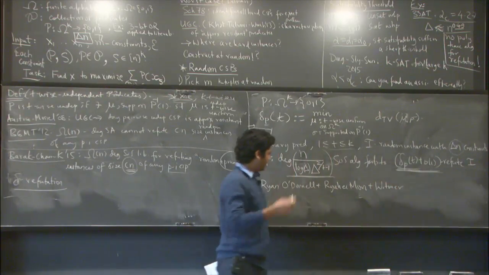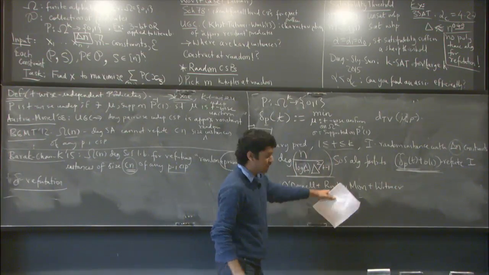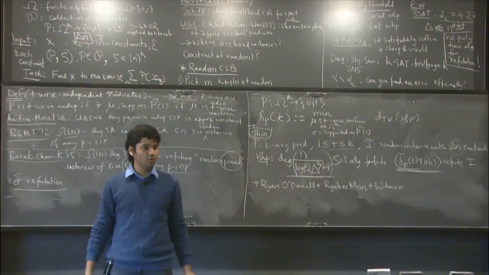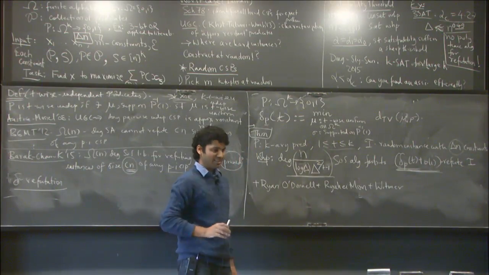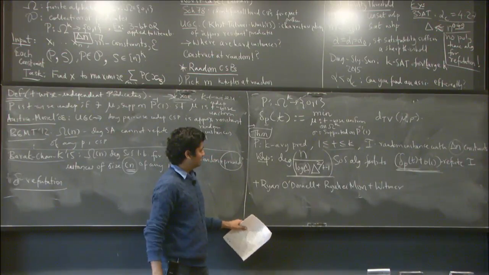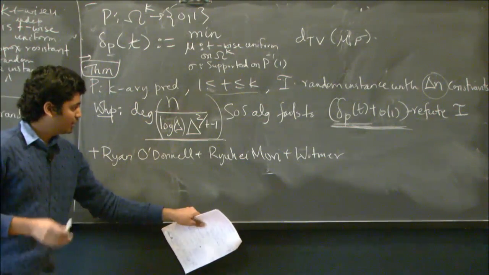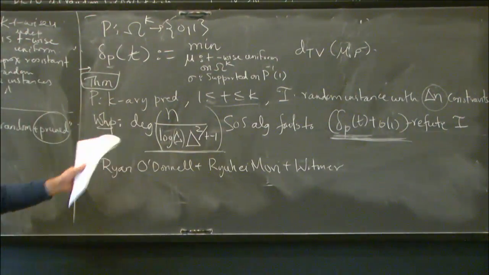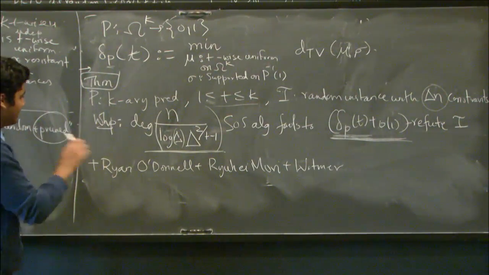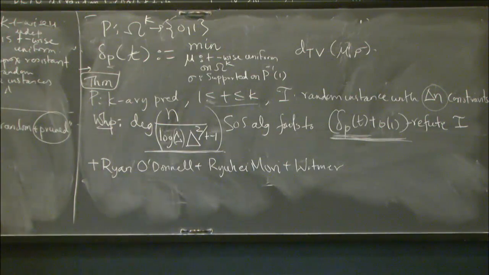David is a student at CMU, Ryan is at CMU, and Ruhe is at Tokyo Institute of Technology. It's not yet published, but hopefully the manuscript should be out in a couple of days or so. Let me just quickly say why this is tight, and then we can take a break.